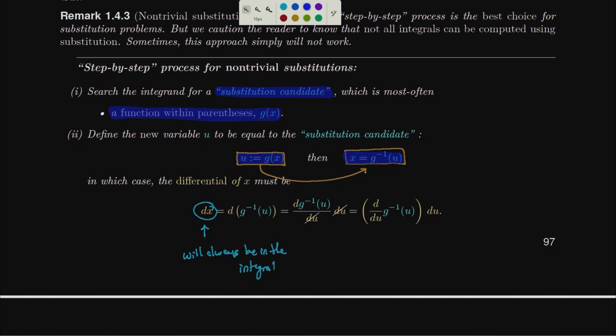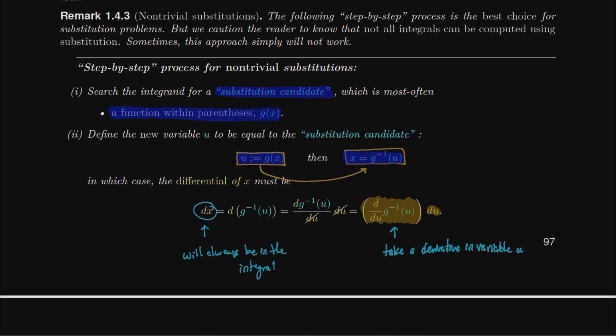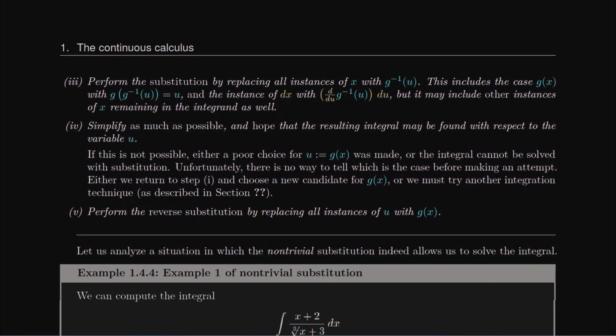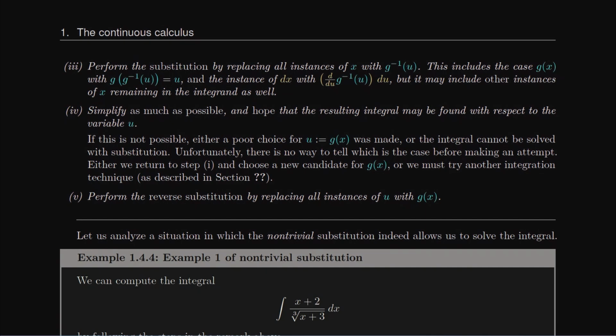If you go through the differentiation aspect of everything, it ends up being whatever the derivative of g inverse is, multiplied by du. So we need to take a derivative in the variable u of g inverse of u. That's going to give us dx. Now, in some cases, that will perfectly cancel with the g prime term that was already there, but in other cases, it may not perfectly cancel.